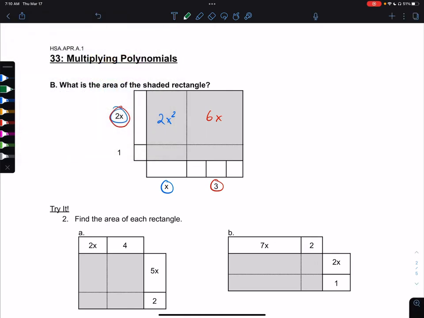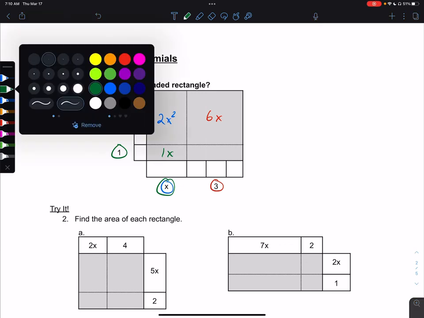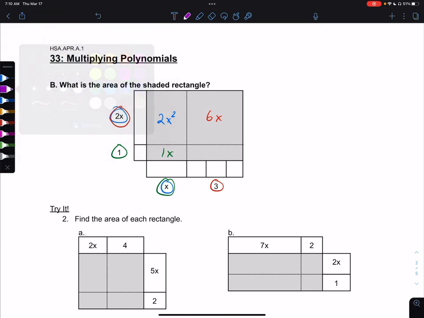And then I'm going to keep going. So this piece in here would be 1 times x. Well, that one's pretty easy. That's just 1x. And then finally, this piece here is the 1 times the 3. 1 times 3 is also quite easy. That's going to be 3. So I now have 4 terms.